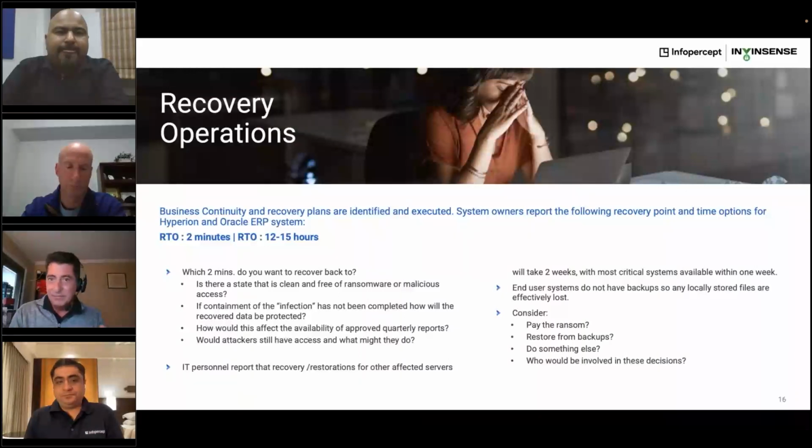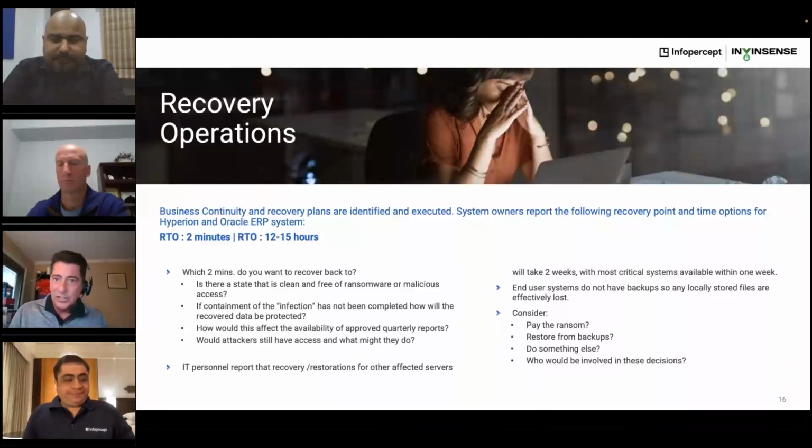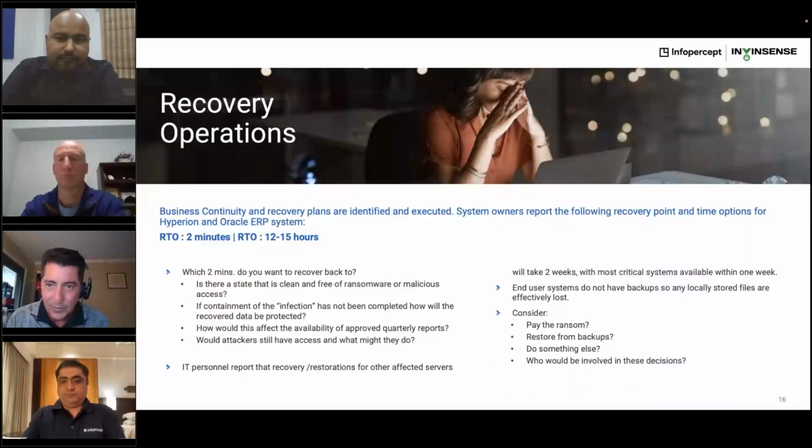We broke out the DR plan and looked at it. We understand that we have an RPO of 2 minutes and an RTO of 12 to 15 hours. So we need to have that application back up, preferably in 12 hours, but I gave it a bit of a window based on the DR plan. And we're going to recover the data from the last 2 minutes.